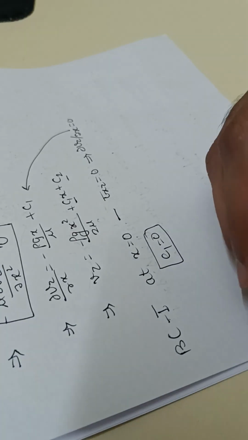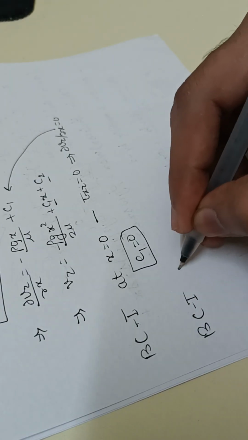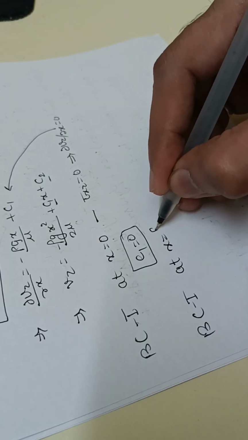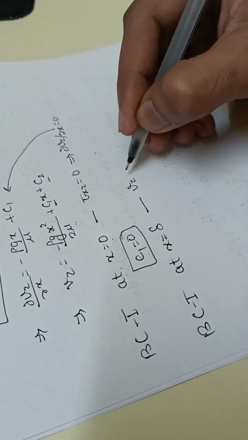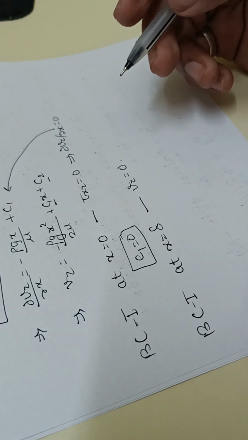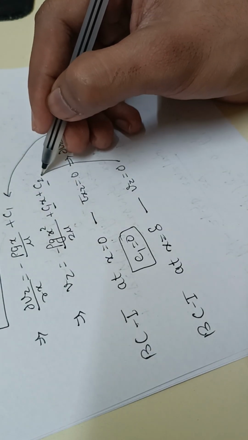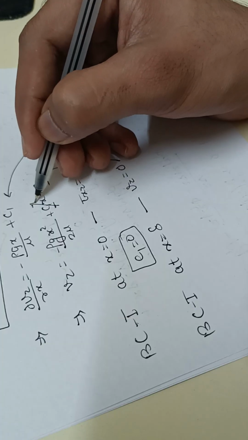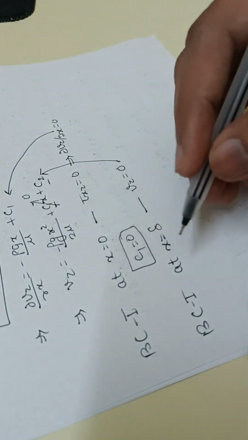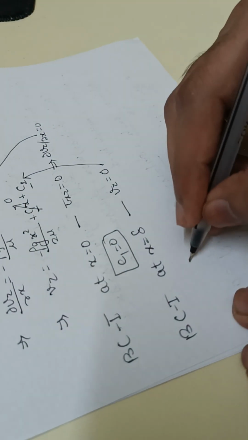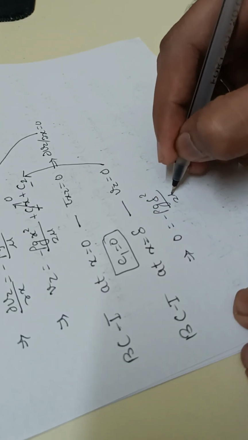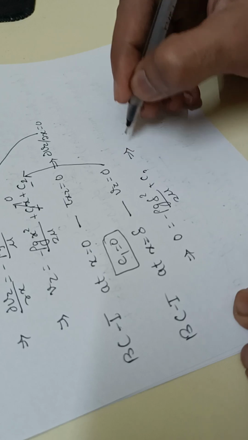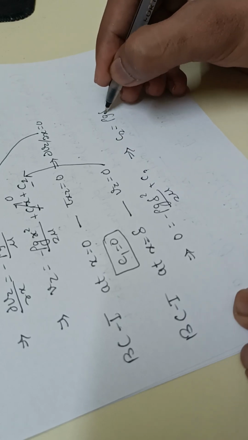Boundary condition 2: at x equal to delta, that is the liquid-wall interface, there is the no-slip condition, that is Vz is equal to 0. Substituting this, with C1 being 0, we get 0 equal to minus rho g delta square by 2 mu plus C2. This implies that C2 is equal to rho g delta square by 2 mu.